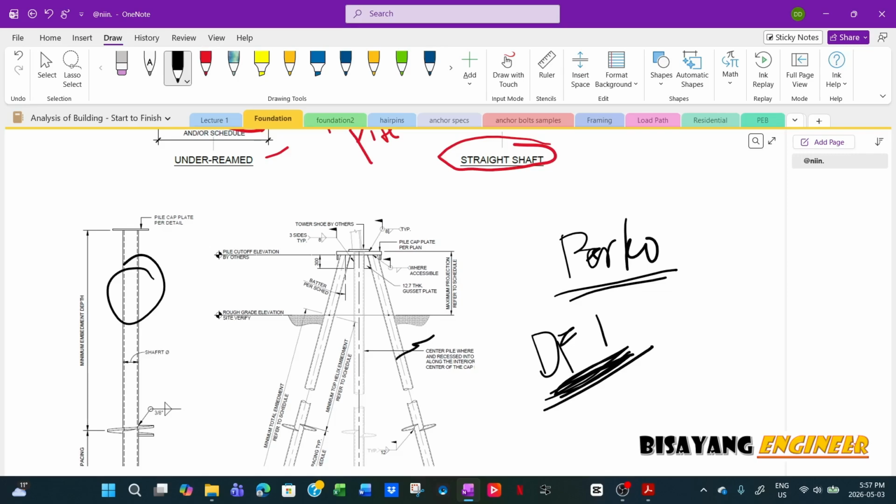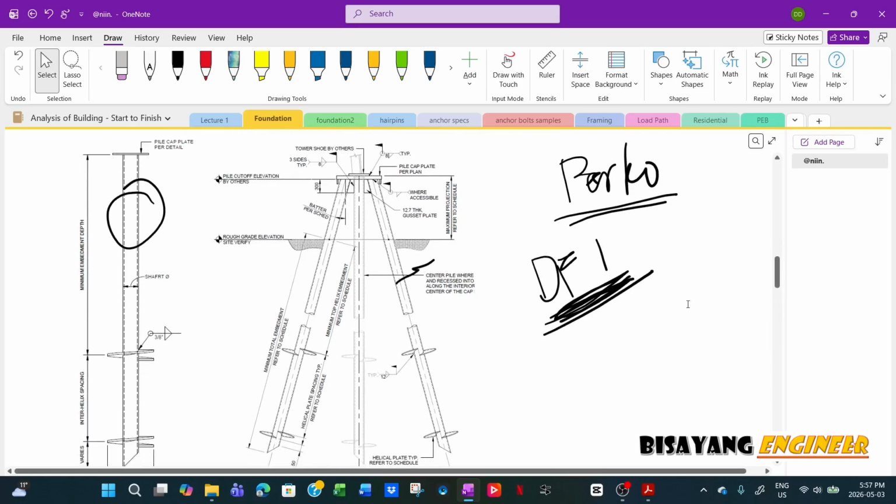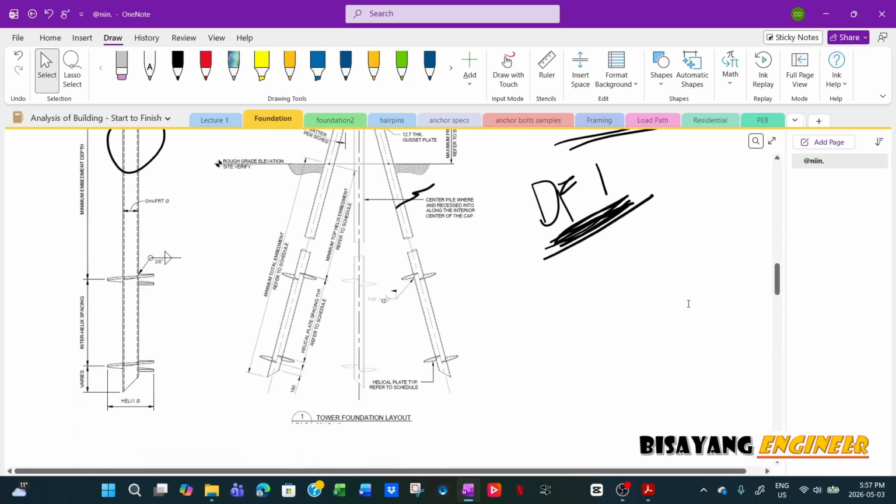If I'm not mistaken, they are in the second edition already. We have the first edition, which was only 2015 or 16, I think. So it's recent, but based on the seminars I attended, this type of foundation has been around since the 1800s. That's what was said by our lecturer.